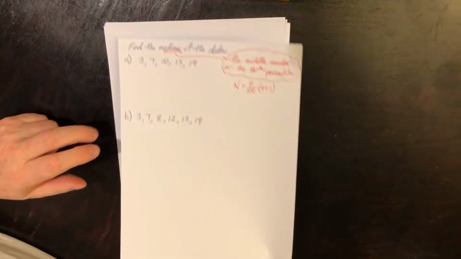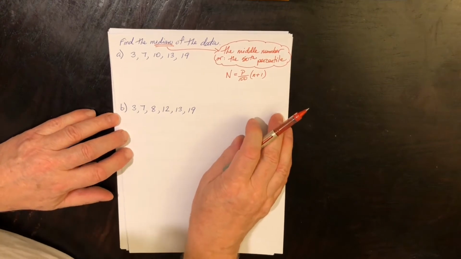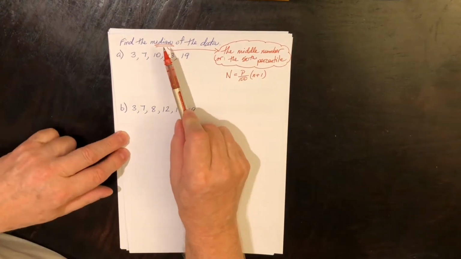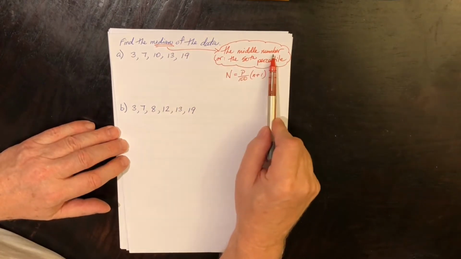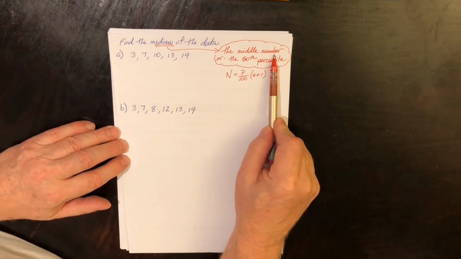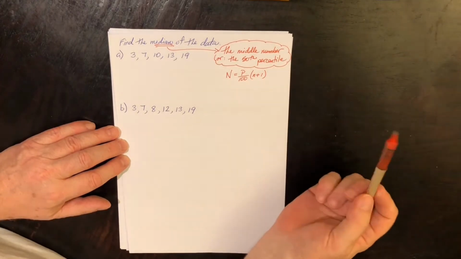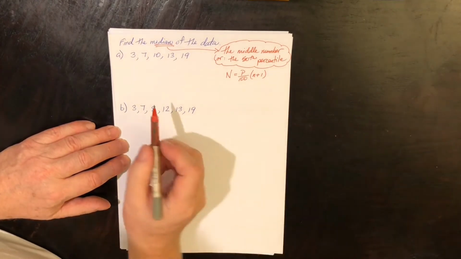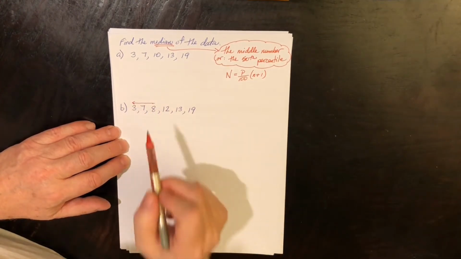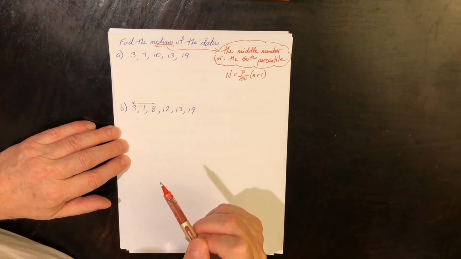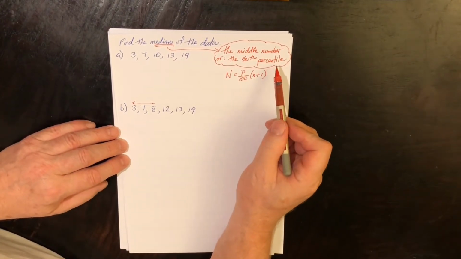Let's look at an example of finding the median of some data. Remember, from Unit 2, we looked at the median. It's the middle number of a data set. Half the data is smaller than the median, half the data is larger than the median. If we say that half the data is smaller, we're saying that 50% of the data is smaller. The median is the 50th percentile.